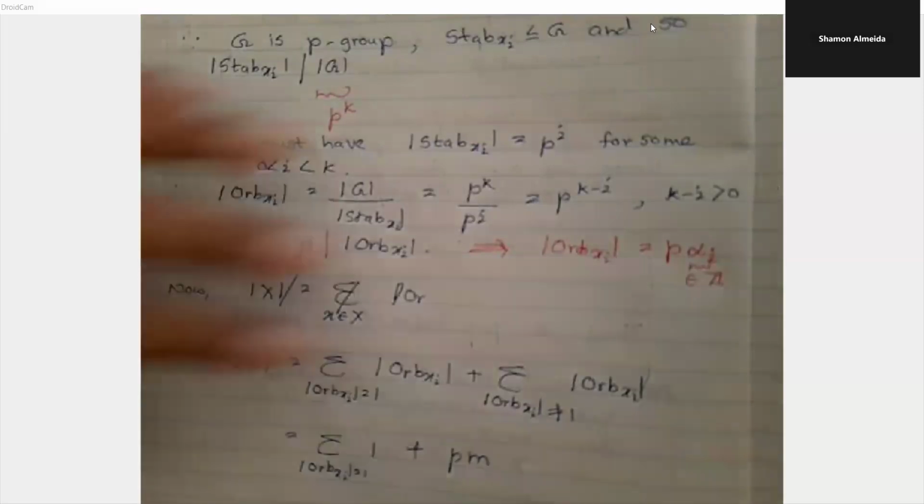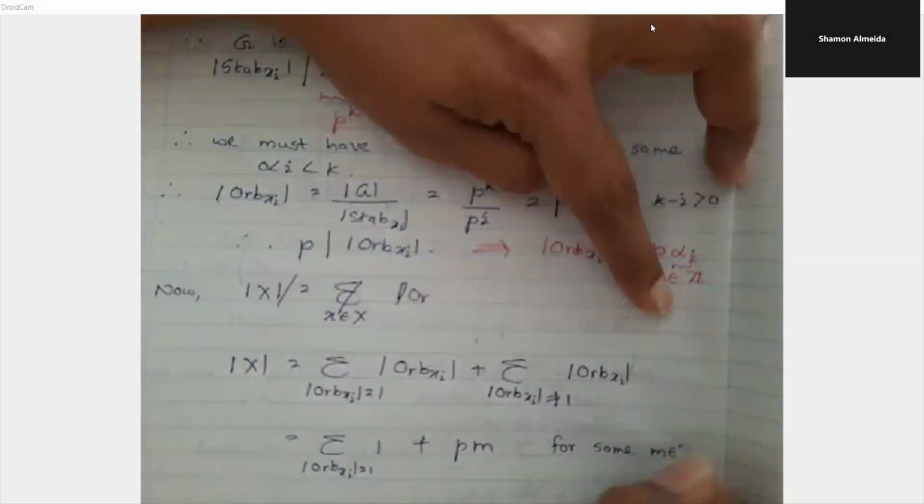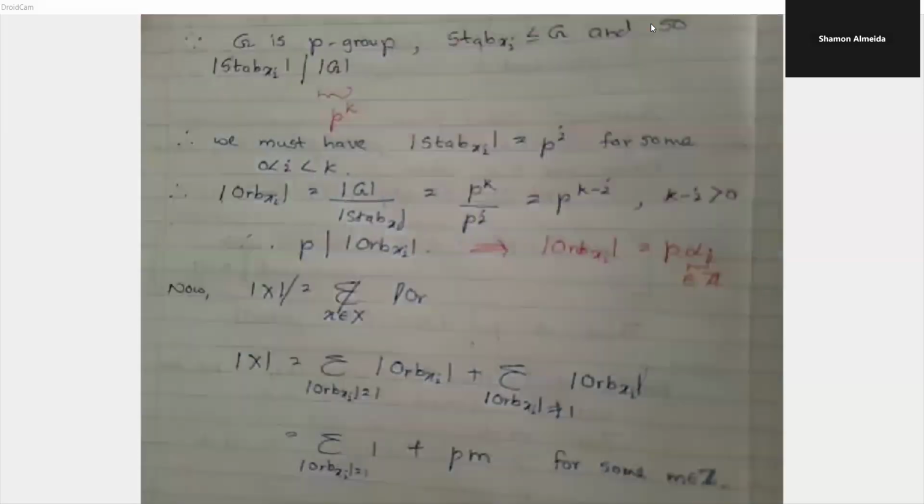So I'll take that integer to be n, some n in Z. Now observe, all these are finite numbers. So we can write the order of X minus the summation that you see.